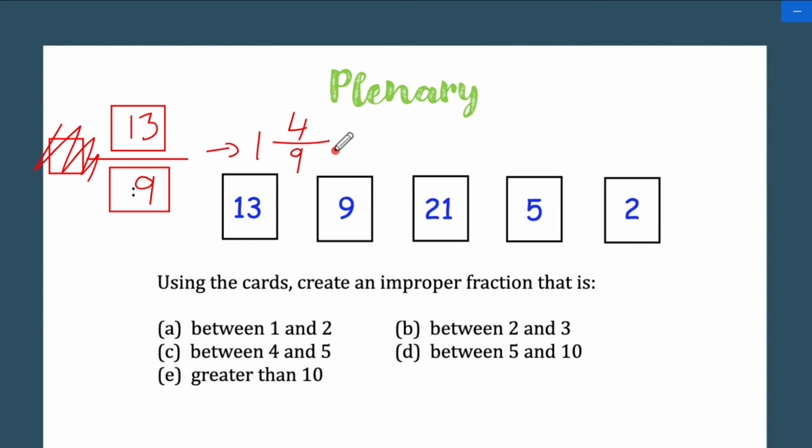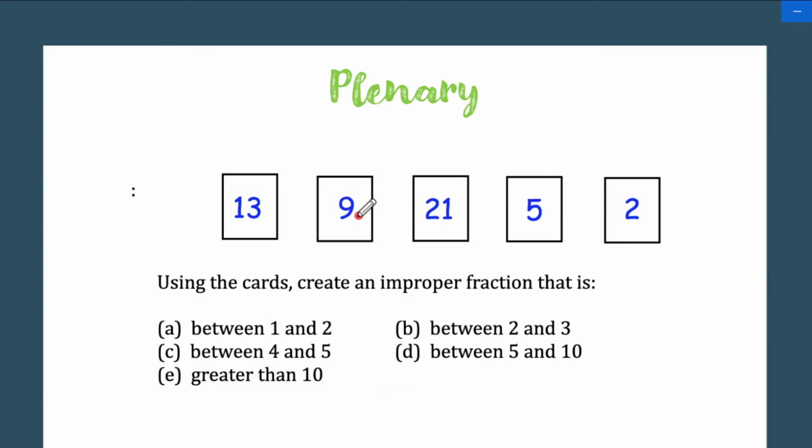It's less than 0.5, because half of 9 is 4.5, so it's 0.4 something maybe. So 1.4 something is going to be between a 1 and a 2. Okay, that's how you do it.